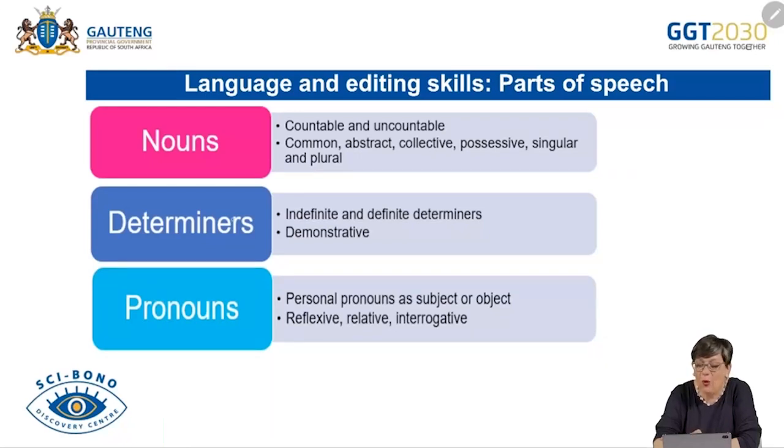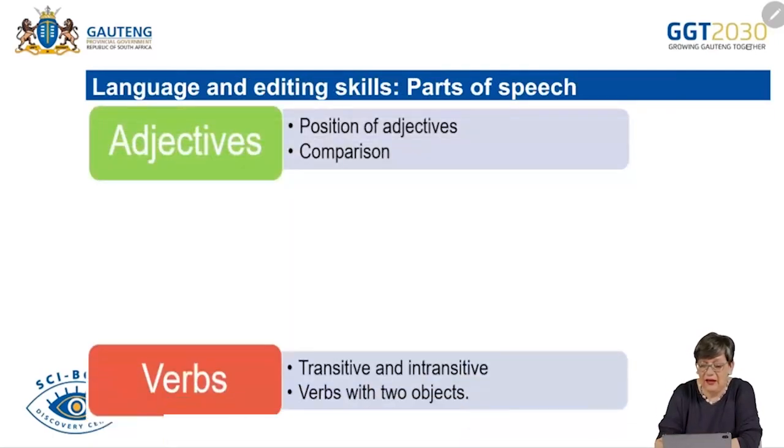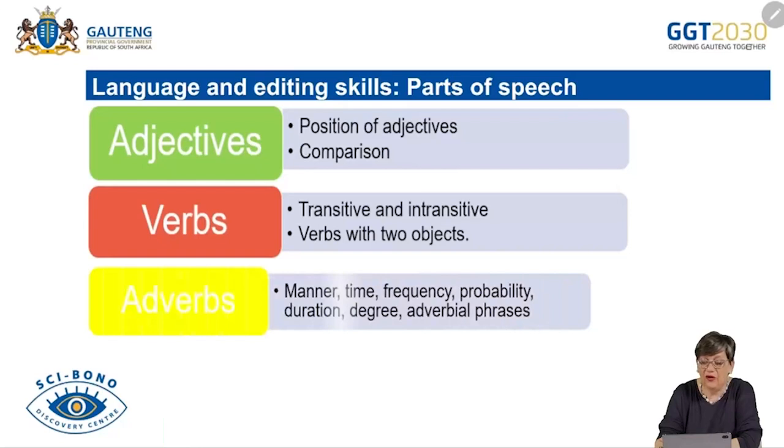You have to know all the different pronouns. So always make sure you know the detail. And then we've got adjectives, you've got your verbs, and obviously your adverbs. Now, I'm not going to go into detail now. You have to make sure that you study and you know them.